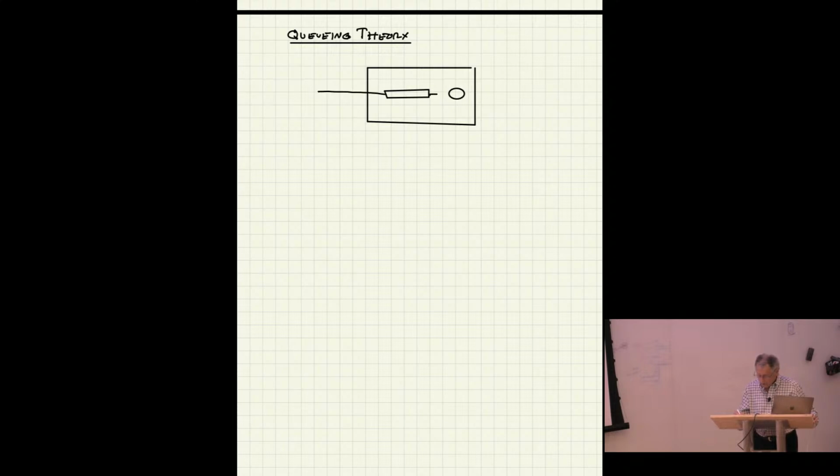They leave the queue, enter service, get served, and leave the system. So this is what we call the queue. This is the server. And the arrivals come in. Here they come. And here they go. They're leaving. So these are the arrivals. And these are the departures. That's called a queuing system.